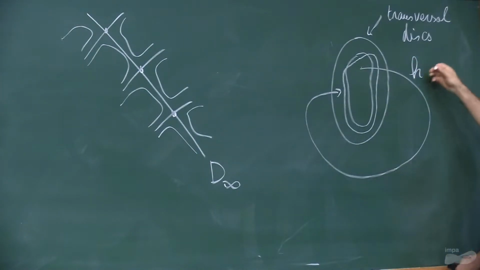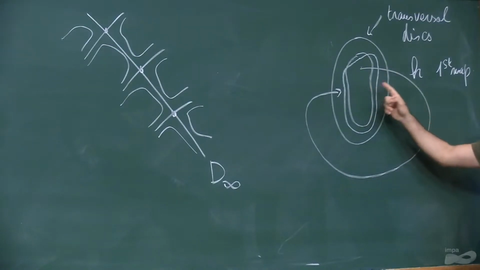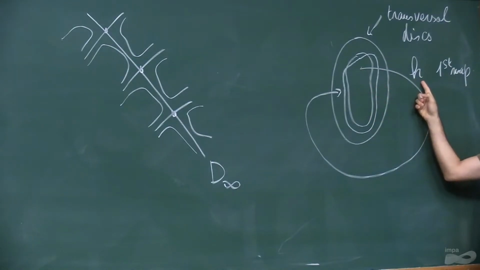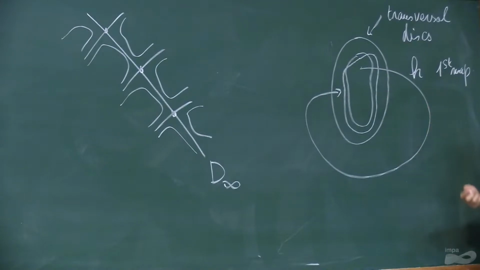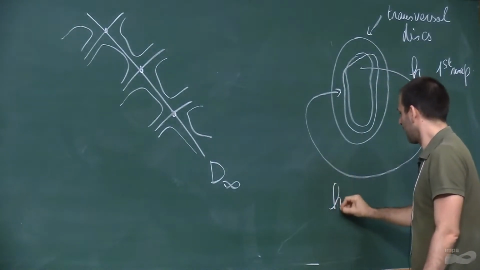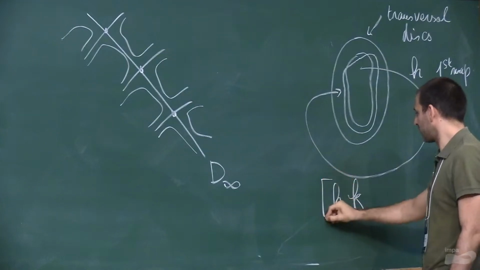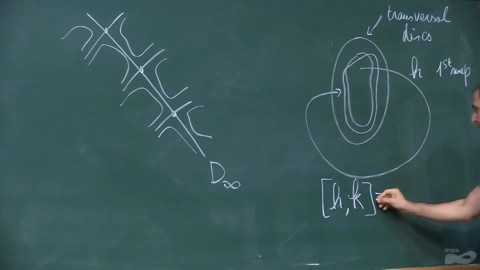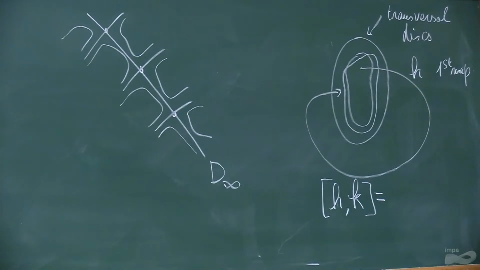So you can consider this kind of first return maps that are close to the identity, and really the idea to try to prove that the orbits are going to be dense, and these ergodicity properties and also the rigidity, is to observe that if you have two such maps, say H and K, then you can consider the commutator, which is also a kind of first return map associated to the foliation.